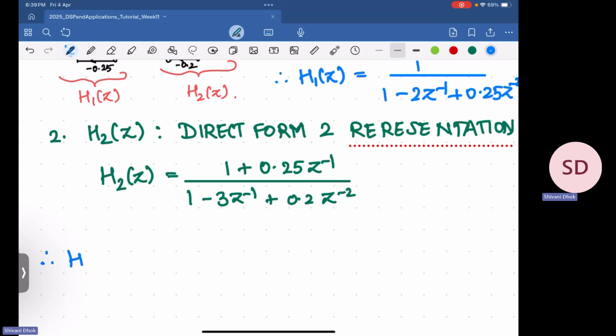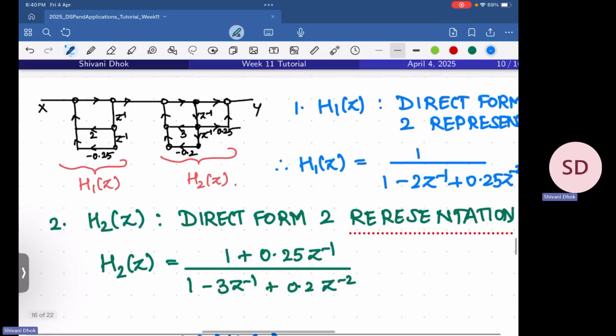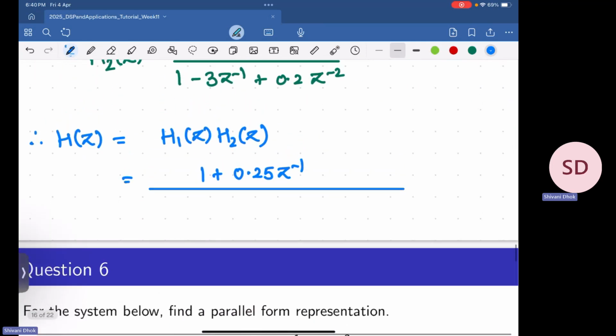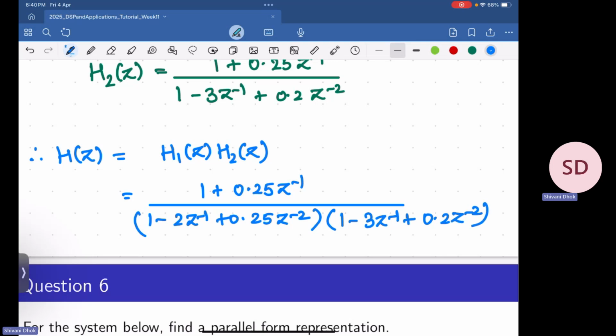So h of z is equal to h1 of z into h2 of z, which comes out to be 1 plus 0.25 z inverse, whole divided by the first denominator, 1 minus 2 z inverse plus 0.25 z to the power minus 2, multiplied by 1 minus 3 z inverse plus 0.2 z to the power minus 2.